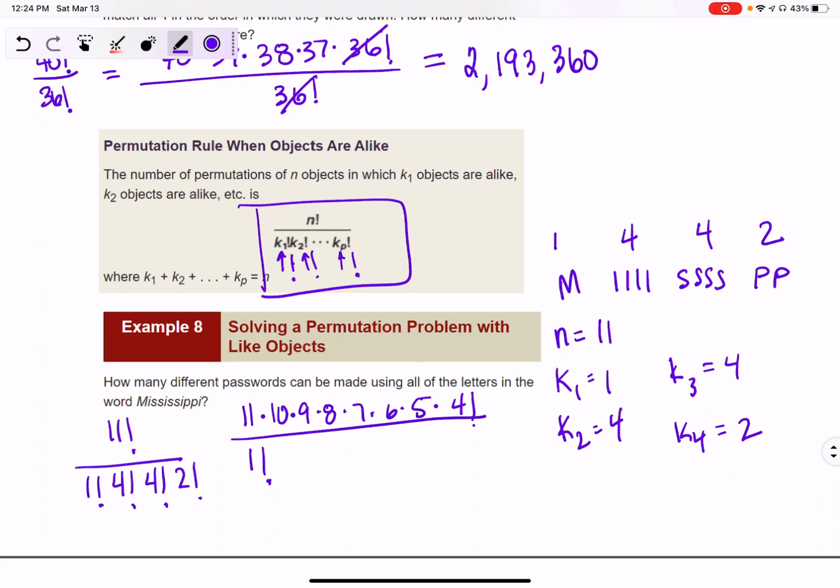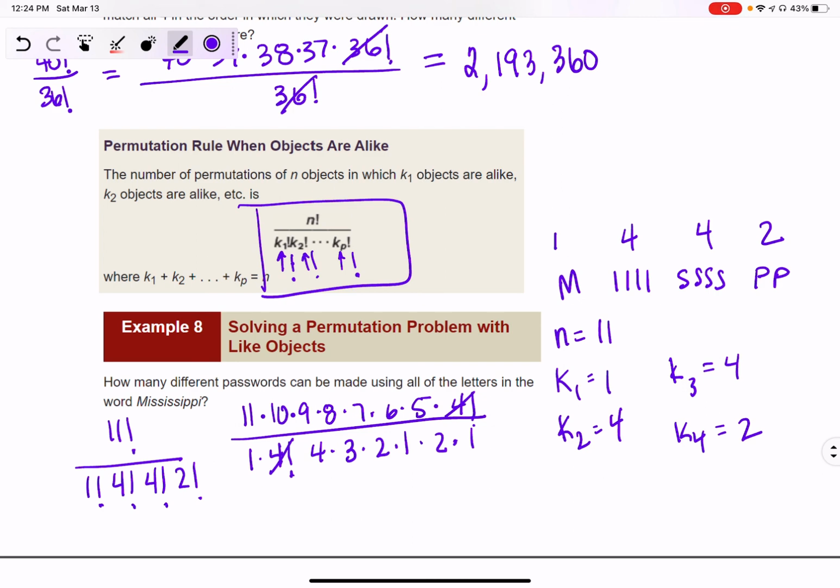I want to get rid of the factorial symbol. 1 factorial is 1. 4 factorial, I can cancel one of those out. But I still have that other 4 factorial, so that one will be 4 times 3 times 2 times 1. Then I have 2 factorial, which is just 2 times 1.